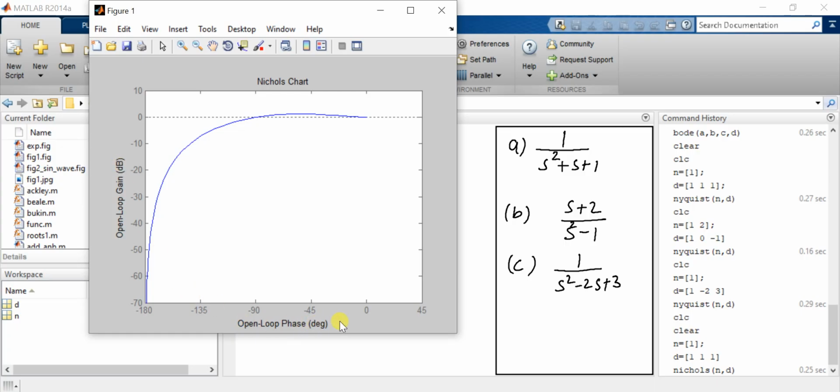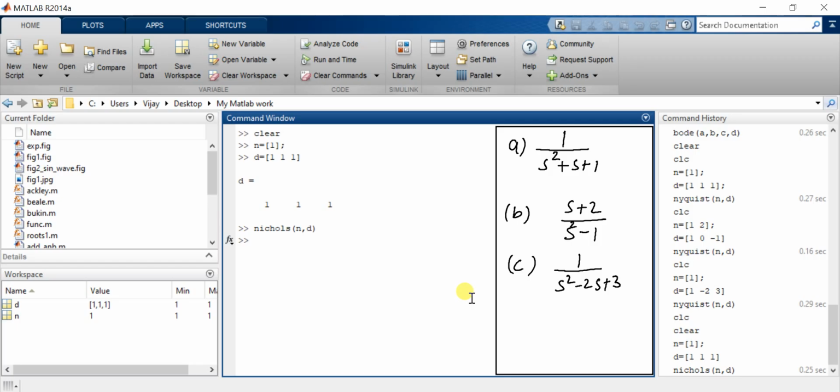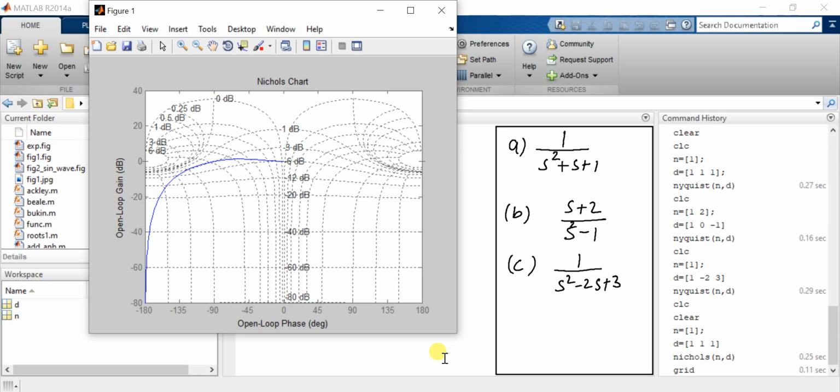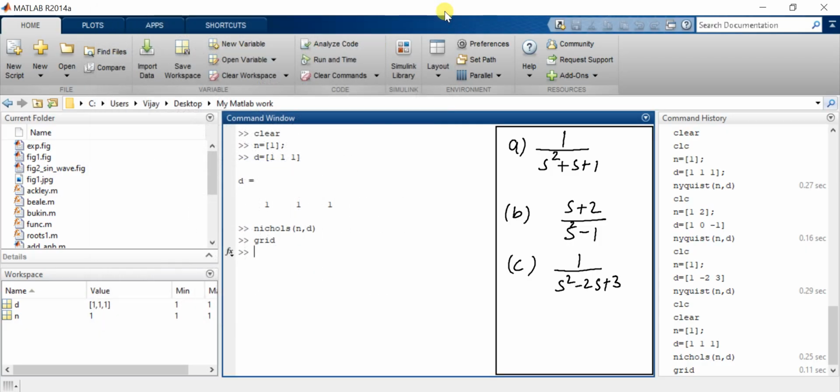These are the axes for the particular system, and you can turn on the grid, and when you click grid, this will give you the grids on this particular chart.